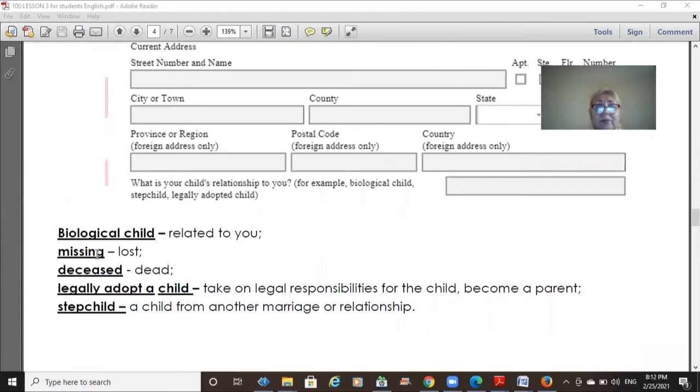What does it mean, a missing child or deceased? Or what does it mean to legally adopt a child? Or what does it mean, a stepchild? So once again, I want you just to know these words, but you do not need to memorize the definitions. The officer will not ask for the explanations or clarifications or meanings or definitions of these words.